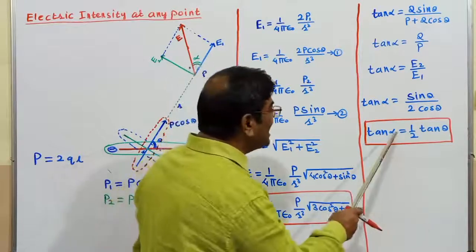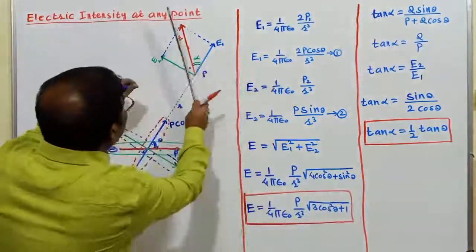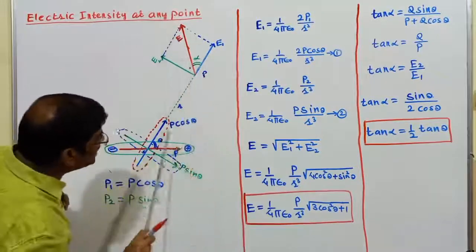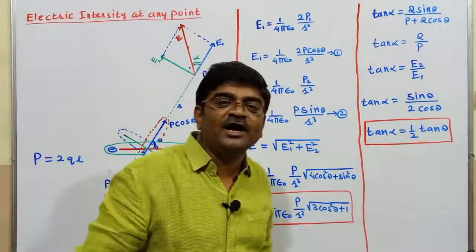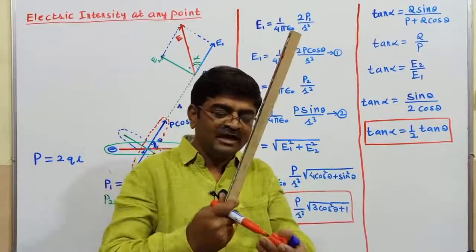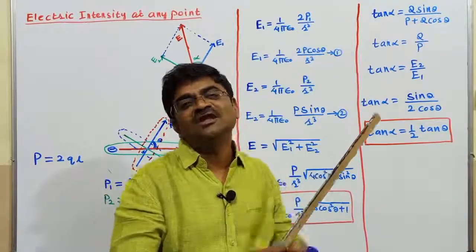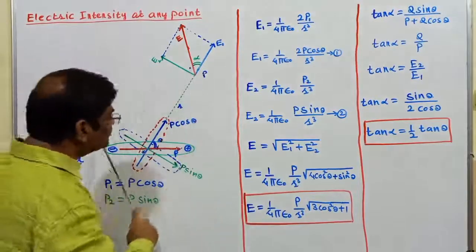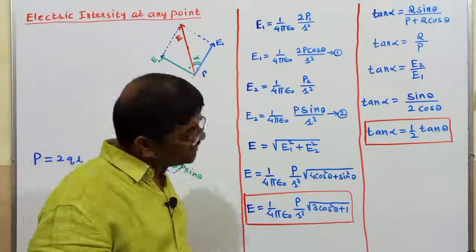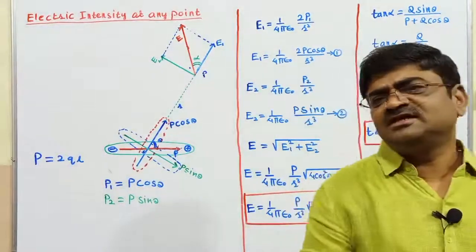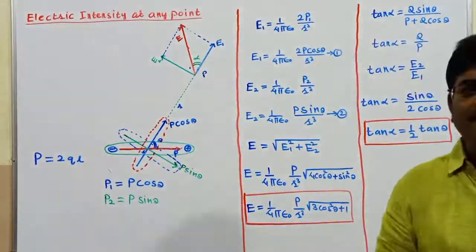So you mean that alpha is 0. What does it mean? If this point is on axial line, alpha is 0, so you mean that the electric field is along the line CP, and that's what we are seeing. So this is all about electric intensity at any point due to short dipole.